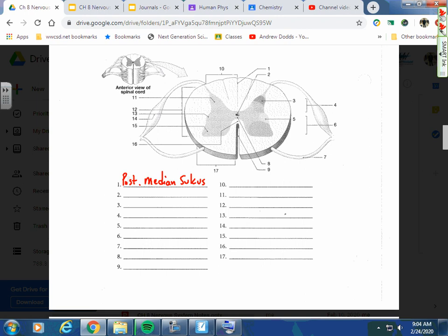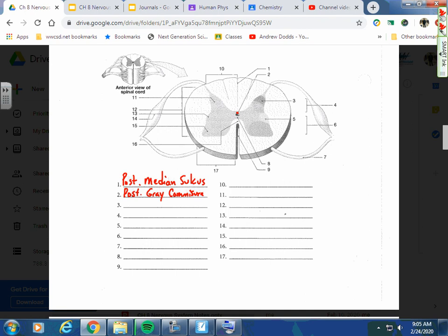Number two is going to be posterior gray commissure, which makes sense right in here. Posterior, slightly posterior, it's gray matter. The gray matter kind of looks like an upside down butterfly, doesn't it? Doesn't it? No? Nobody agrees? Just me? Thank you. All right.